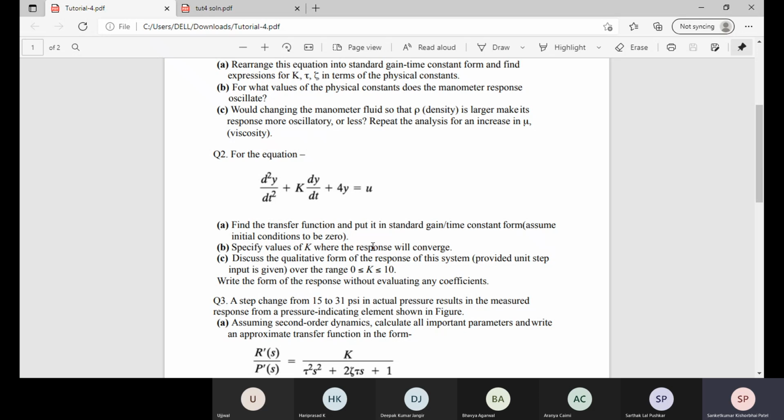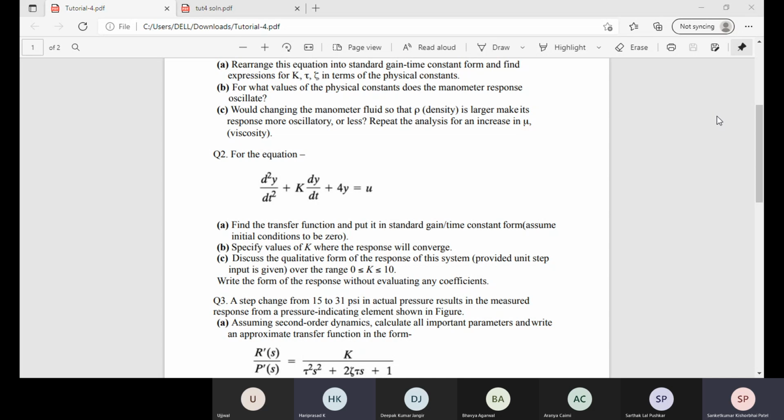So for specific values, instead of diverging, it will converge. We need to find that and discuss the qualitative form of the response of this system, provided a unit step input is given over the range 0 to 10. Write the form of the response without evaluating any coefficient. So basically we need not evaluate constants C1, C2 and so on.